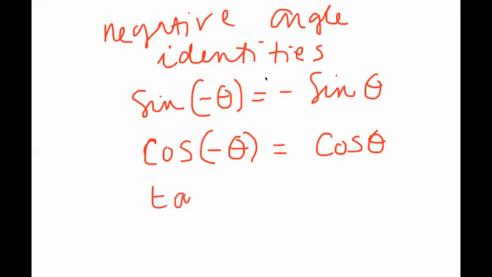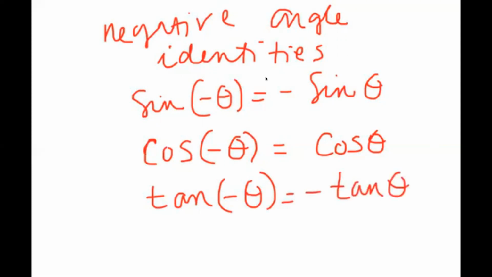And so next, cosine negative theta is equal to cosine theta, because whether you're talking about positive angle measure or negative angle measure, it's an even function, it will be the exact same value. And then tangent of negative theta will give you negative tangent of theta. Why? Because tangent is an odd function, guys.